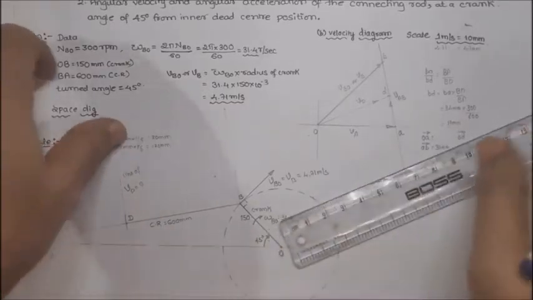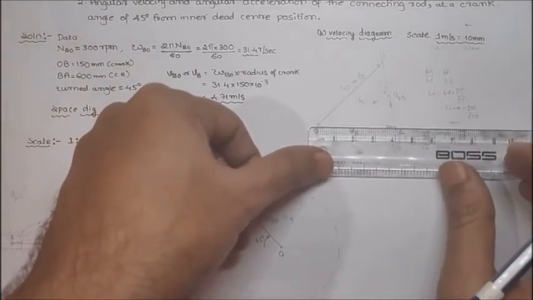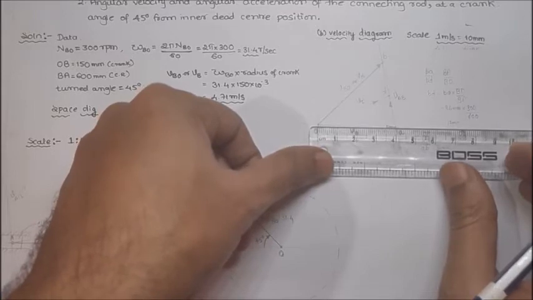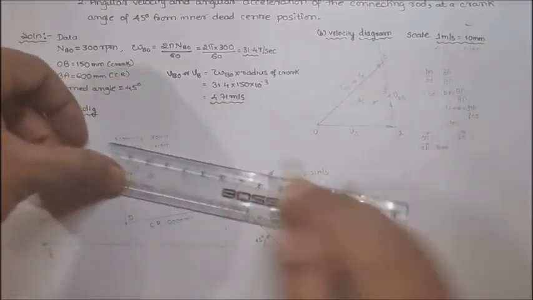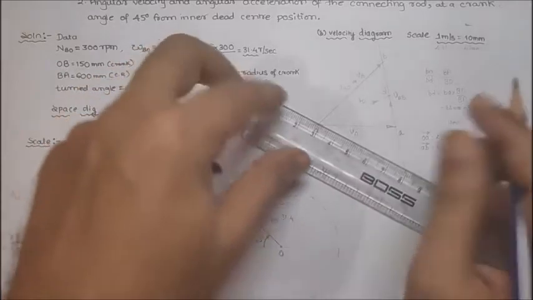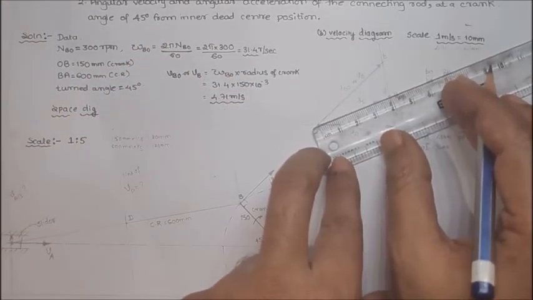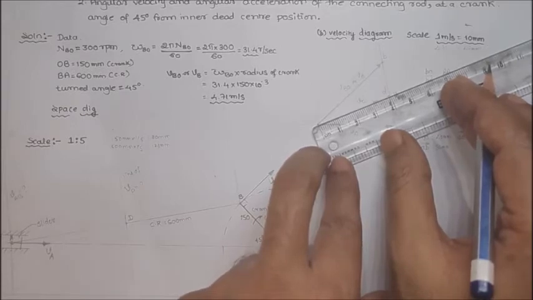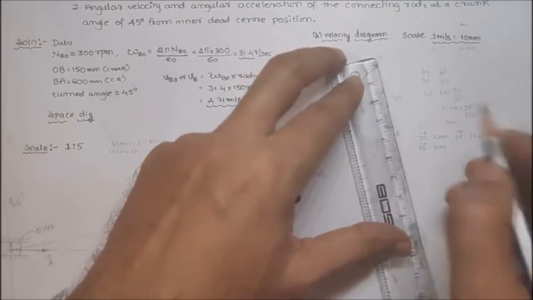So let's measure. First we'll measure the OA vector. The value here is 10, 20, 30, 40. So that is 40 mm. Vector OD is also near, but it is less than that. So it is equal to 39 mm, and to cross verify this we will measure again.